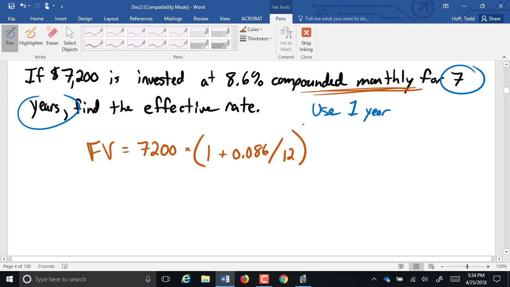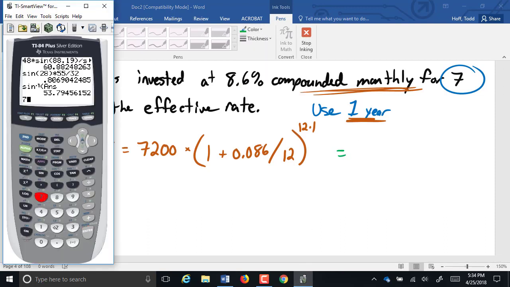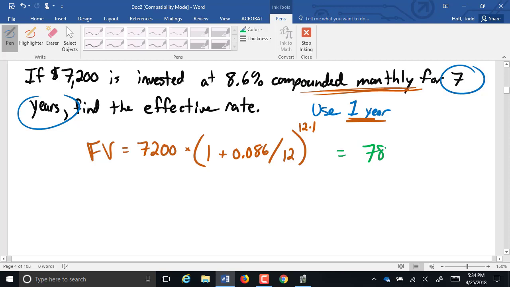Close our parentheses, to the power of 12 times 1, because we're only going for 1 year. So we find that 7,200 times parentheses 1 plus 0.086 divided by 12, close parentheses, power of 12. We get 7844.20.